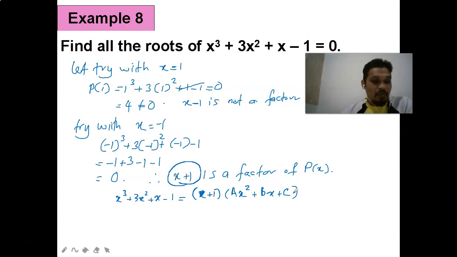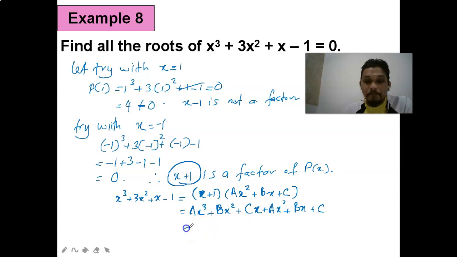Okay, now let's compare. ax squared times x gives you ax cubed. bx times x gives bx squared, plus c times x equal to cx, plus ax squared times 1, ax squared. bx times 1 equal to bx, and c times 1 equal to c.